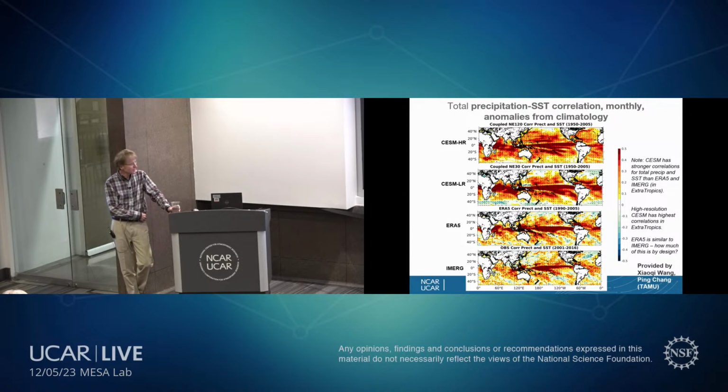I don't know anything more directly related to precip. So maybe this is an encouraging result for ERA5 that apart from the Indian Ocean, it looks similar to IMERG, or maybe this is just obvious, this is what it should be. I don't know. I would have to ask someone that knows more about ERA5.